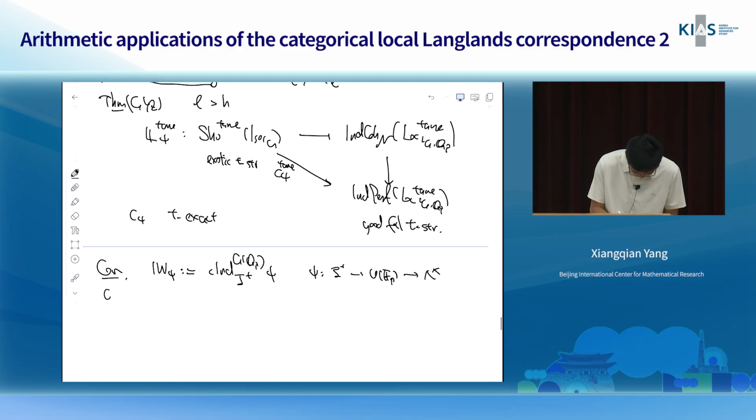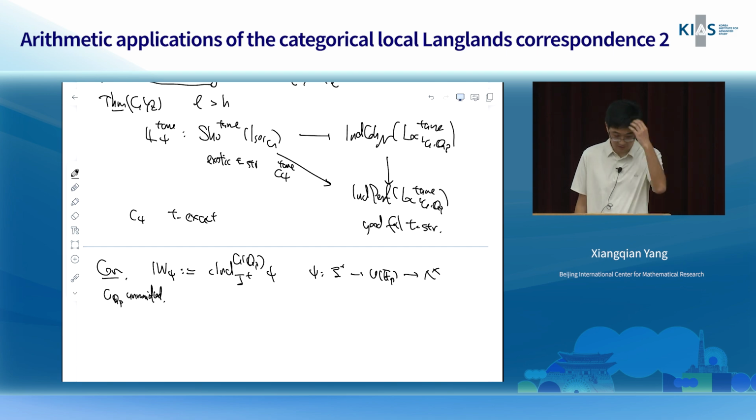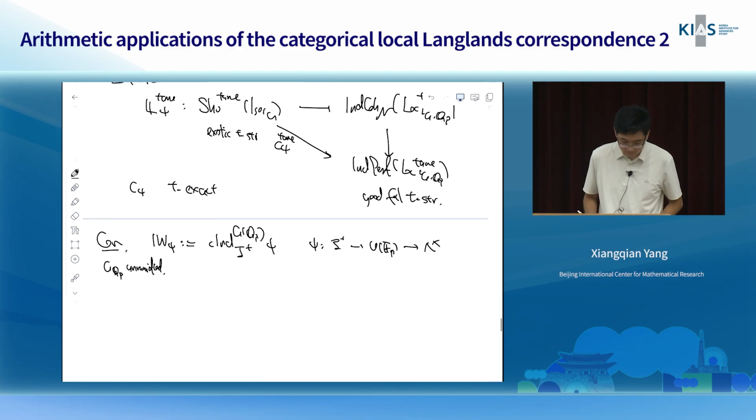Maybe say here G over Q_p is ramified. So we have a Whittaker datum, also with the assumption that G_X is of Hodge type.